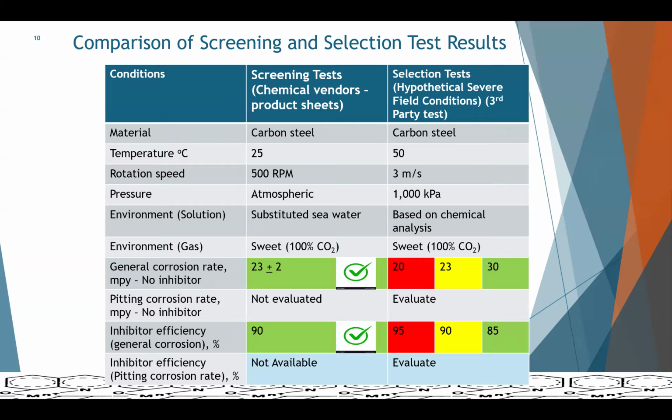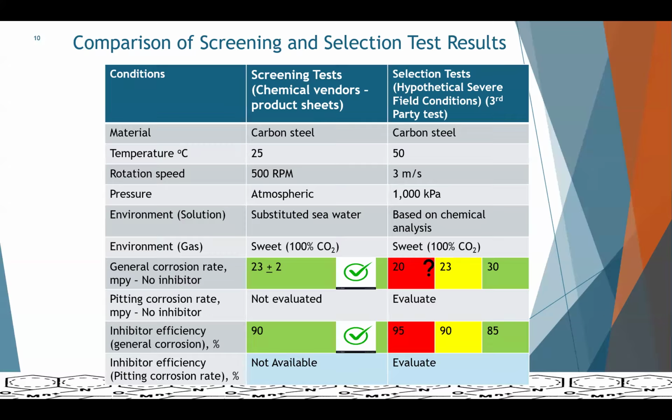Now if we go to selection test, obviously the field conditions will be severe. So we have to do selection test. Let us assume that this particular operating condition is severe, and this company has given a contract to a third-party laboratory to do the test.